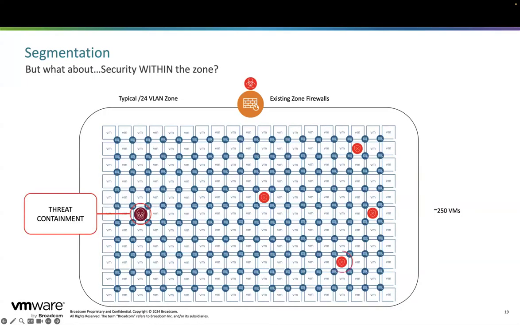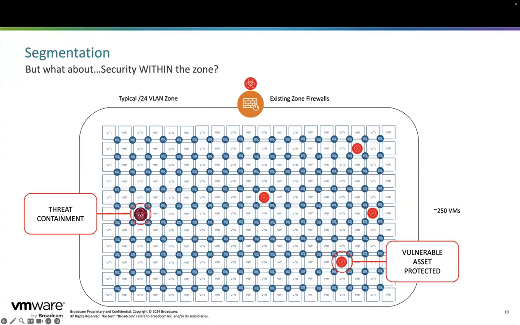And it doesn't matter if it's one VLAN, one logical subnet, one logical segment, right? An overlay network, whatever you want to call it. It doesn't matter if it's one of them or hundreds of them. The Vdefend distributed firewall is still providing that security within a zone.